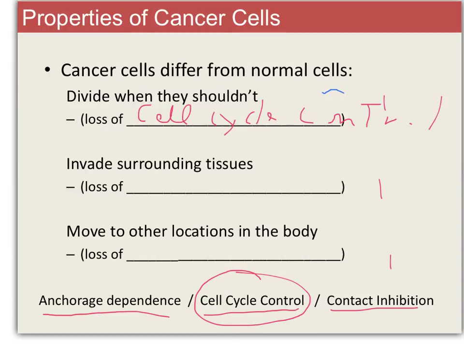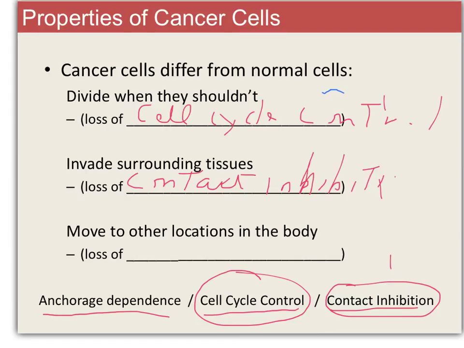Anchorage dependence or contact inhibition. If you said contact inhibition, you are right. And then moving to other locations, anchorage dependence. We'll call it AD.